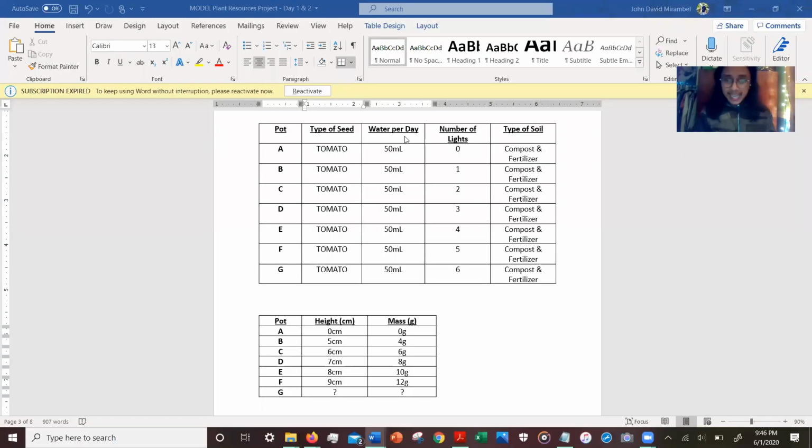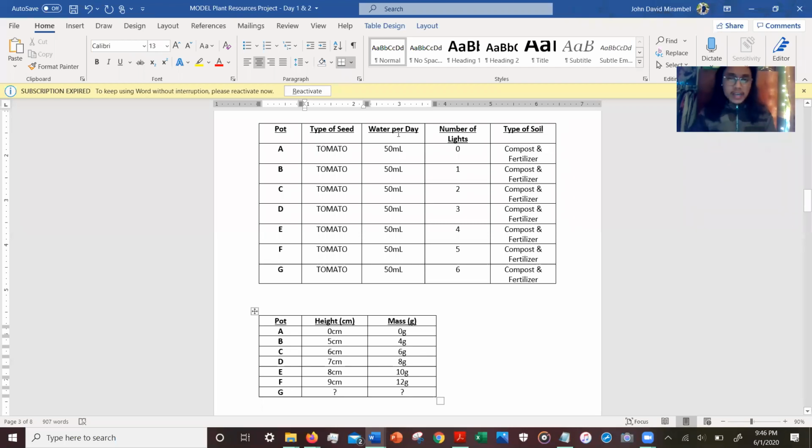Here, if we look at the data table, the thing that is changing on purpose is the number of lights. So we have the number of lights changing between each group that's being experimented on. And to jog our memory, this is an experiment on seeing how different plants, different seeds grow, which is why we have different pots to experiment on.